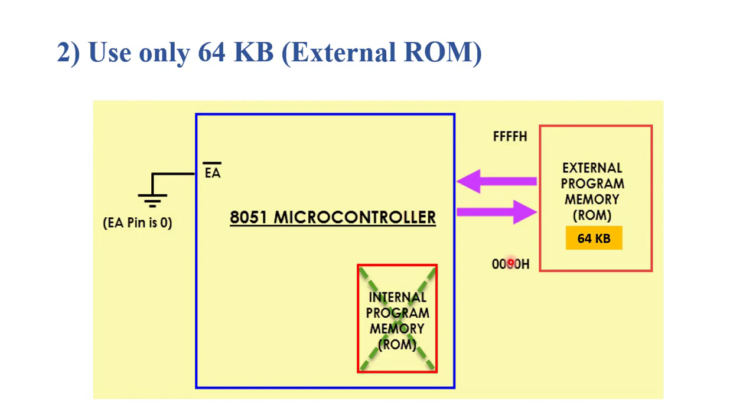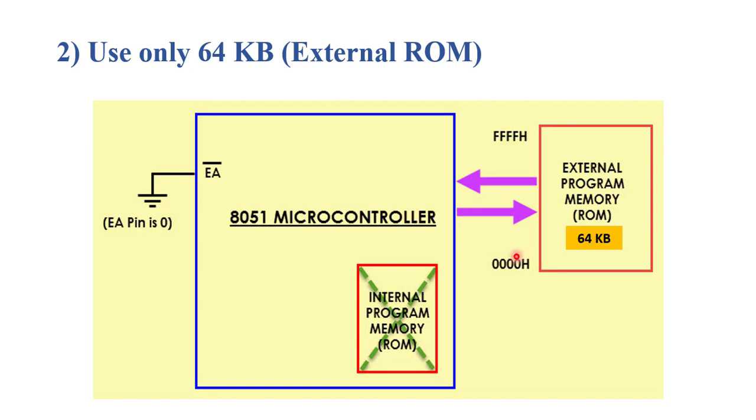Once the microcontroller fetches the instruction and uses that instruction, the program counter is incremented by 1 automatically. So in this way, the program counter maintains the sequence of program execution. So we can say that the 8051 microcontroller program memory address is stored in the program counter. Program counter is a 16-bit register that holds the address of the memory location from where the next instruction is to be fetched.